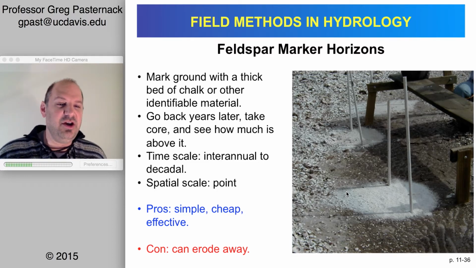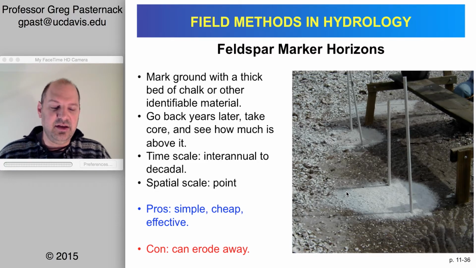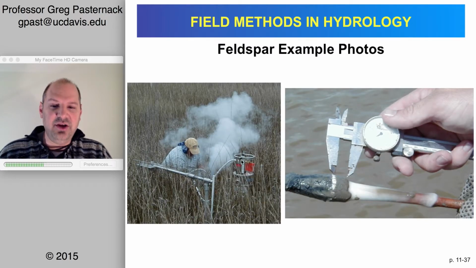You might wait a year, you might wait 20 years. It's generally a very long time for a marker horizon. Then you come back, preferably with some liquid nitrogen, and take a sediment core. Notice here's an SET, and they're using some liquid nitrogen.